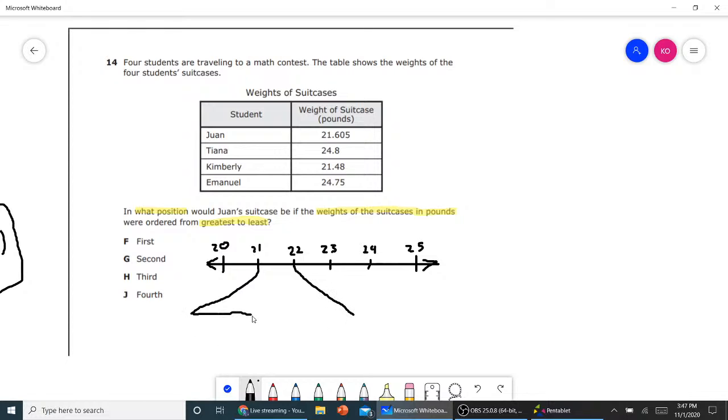So you have a number line right here, and you can make this 21, and you can make this 22, and let's make the middle 21.5.